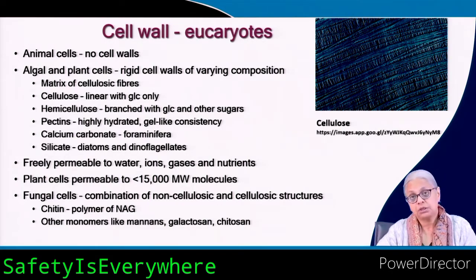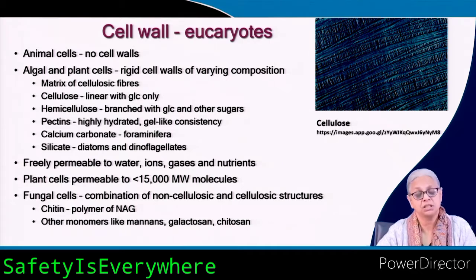So even large molecules of any size less than 15,000 molecular weight can permeate through these plant cell walls. That's how plant cells are able to absorb nutrients from their environment through the root zone.